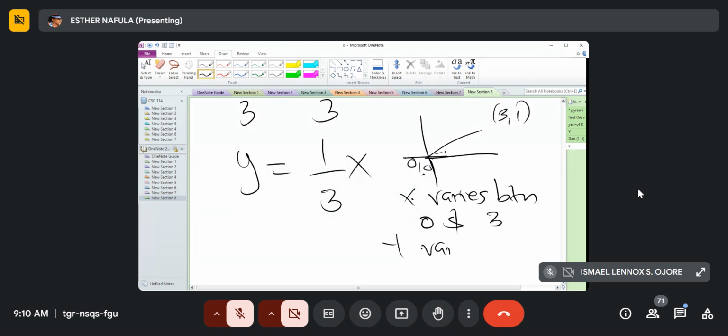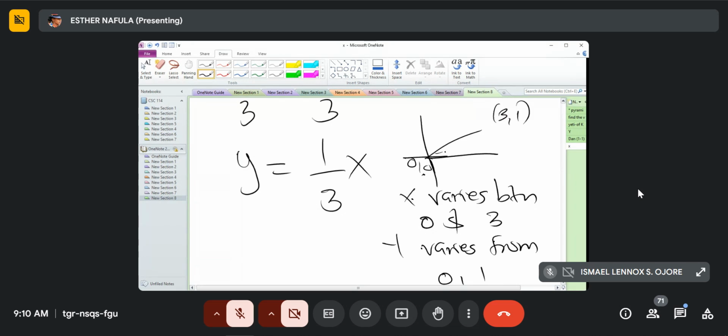Your y varies from 0 to 1. So we don't know whether we'll use the x values, that is from 0 to 3, or the y values which run from 0 to 1.